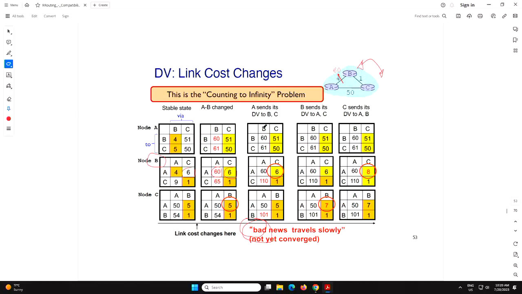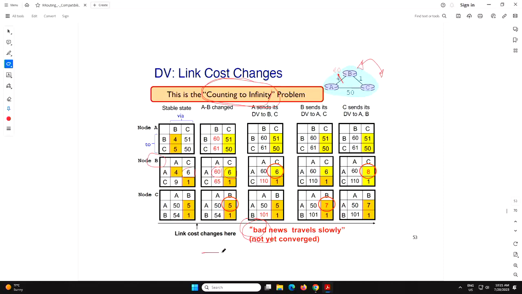So a couple of things here. This is slowing down, and this is called the count to infinity problem. The reason it says infinity is because it has to increase slowly, one by one, in every round. So this is not a broadcast flooding where this information can be sent immediately to everyone. You just have to wait for the next round of exchanges, and it's just counting by one, increasing until it becomes greater than 60.